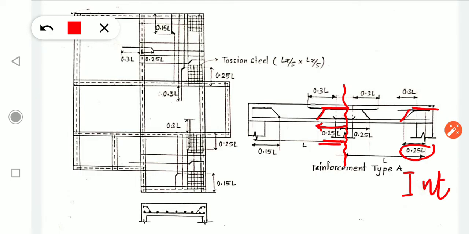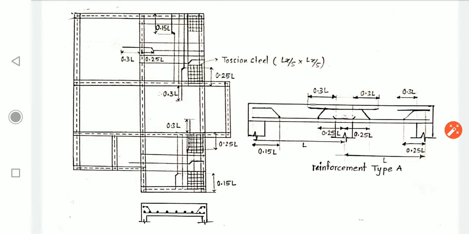But at the exterior, this support is considered an exterior support. In this case you should bend your bar at a distance of 0.15L. I hope you understood how to give the detailing of reinforcement for type A.